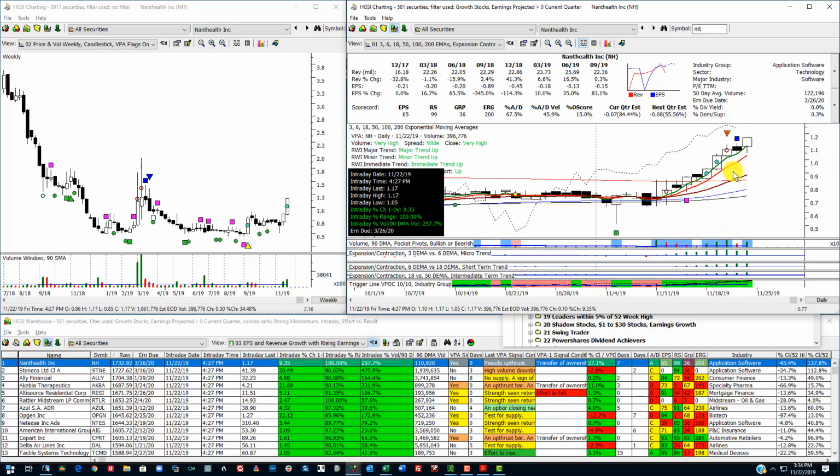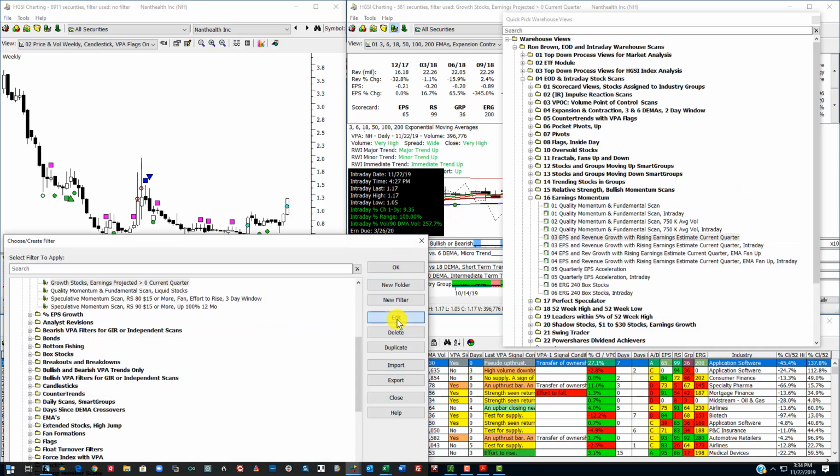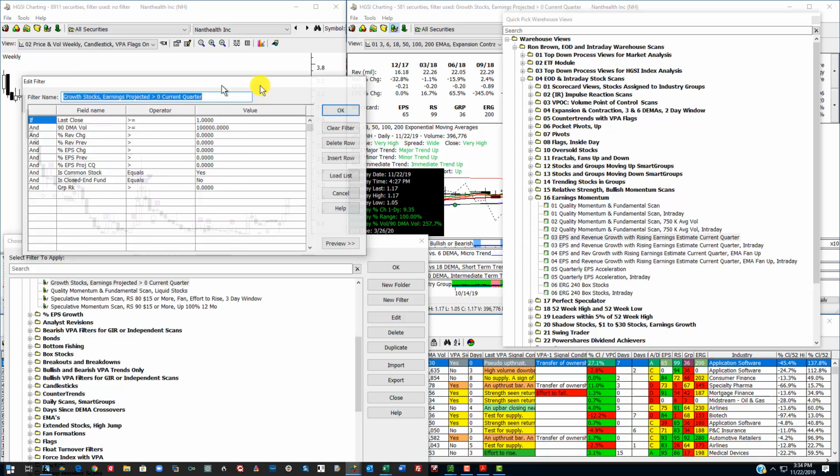Well, you can afford to pay that. It's a dollar stock. Weekly chart has been basing a long time, starting to move now. Negative earnings, it doesn't matter if they're negative as long as they're improving, and you can see that right up here. Now, I didn't bring this filter up. Let's just take a look at it quickly.